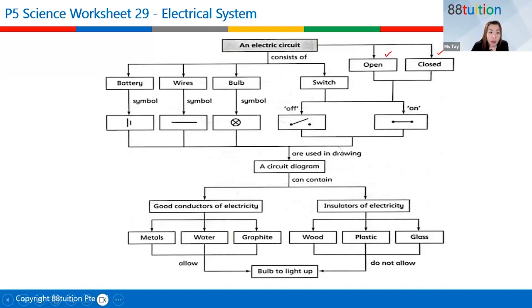When it's closed, it can flow. Then how do you control the opening and closing of the circuit? We can use the switch. When the switch is open, it looks like this. Correct. Then when it is closed, it will look like this. Need to be familiar with all this. Can? Next.